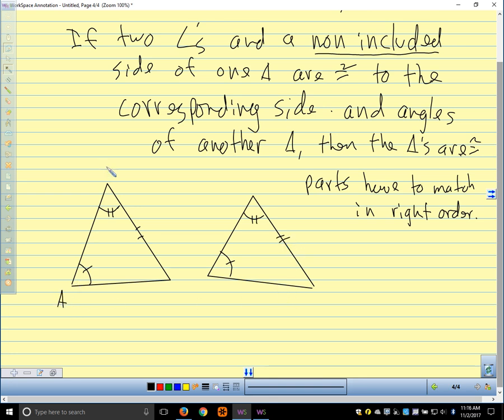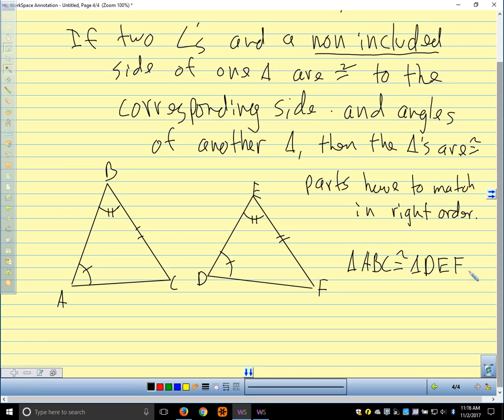And I would call this A, B, C, and D, E, F. And for my congruence statement, I'd say triangle ABC is congruent to, A matches up with angle D, B matches up with angle E, and then side BC matches up with EF.